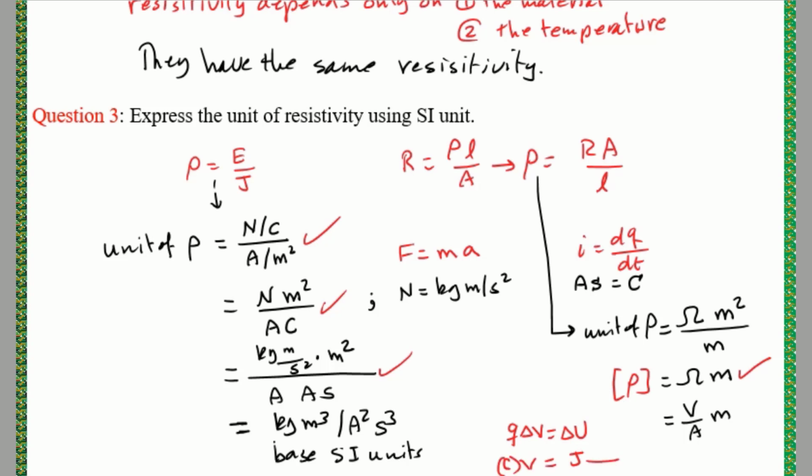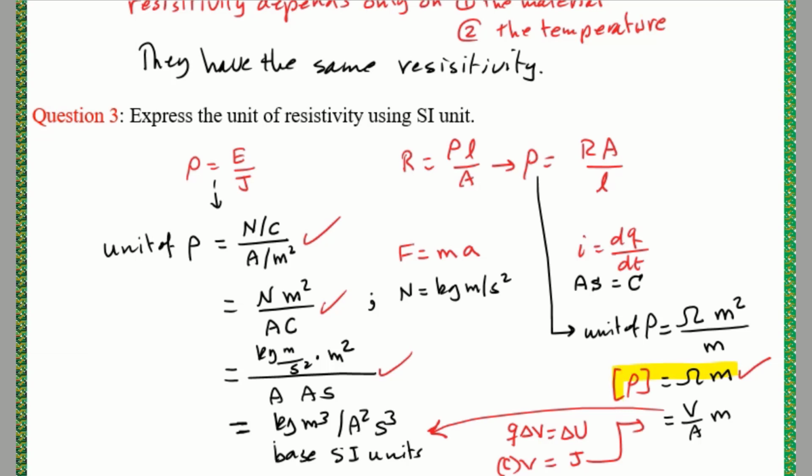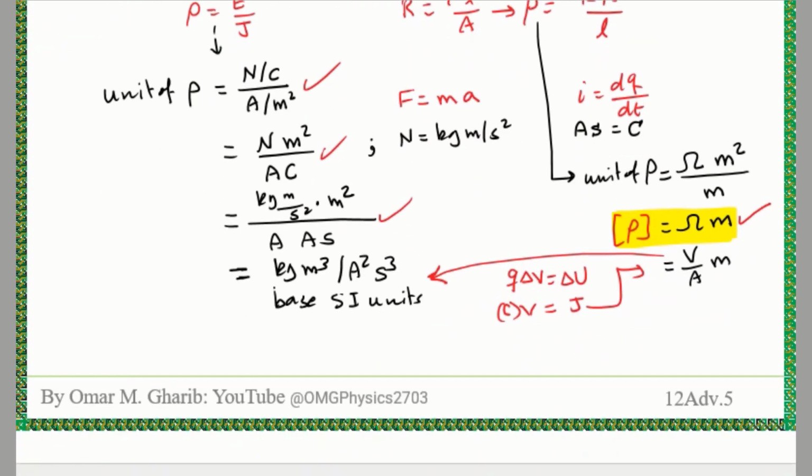So if you put this back here, you will reach the same unit as this. So the most known unit of the resistivity in all tables in electricity is ohm times meter. But I practice this in front of you if they ask you for the base SI units.